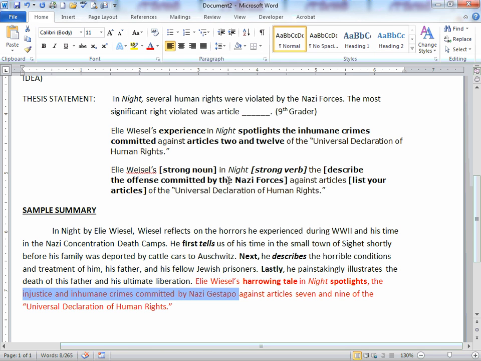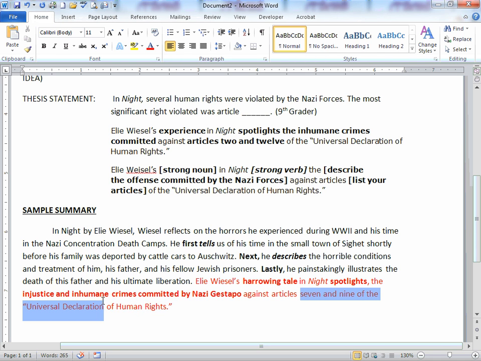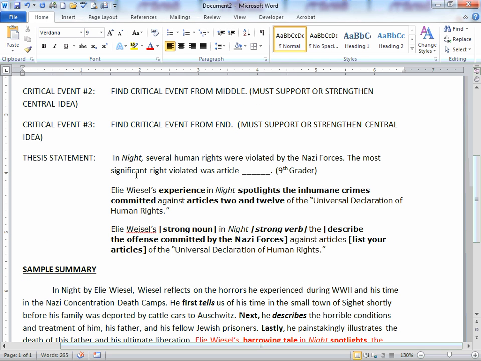That's my description of the offenses committed by the Nazi forces. Against Articles 7 and 9. Those are the articles that I chose. So as you can see, I have the 4 main items that need to be listed for a great thesis statement.